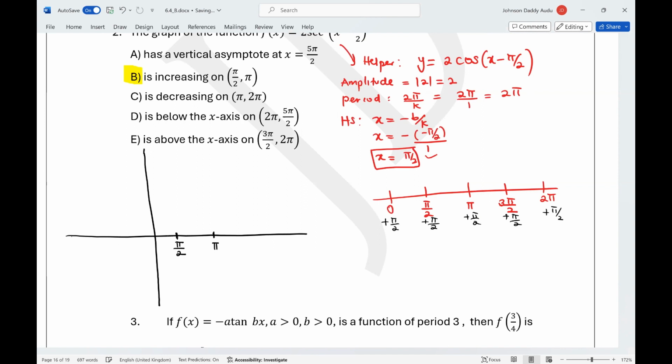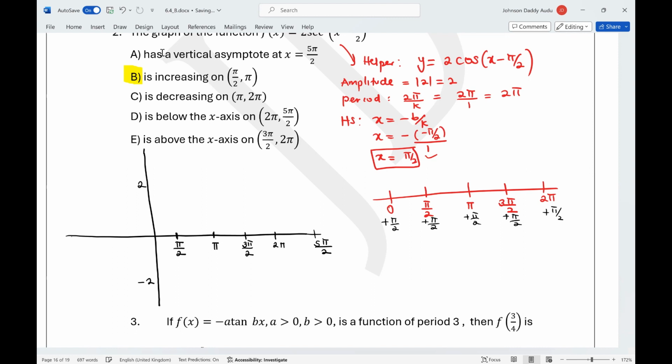And then this will be 3 pi over 2. This and this will be just 2 pi. And this will be 5 pi over 2. All right, so the maximum is going to be 2 and the minimum is minus 2. As you can see, we don't have vertical shifts for this graph.